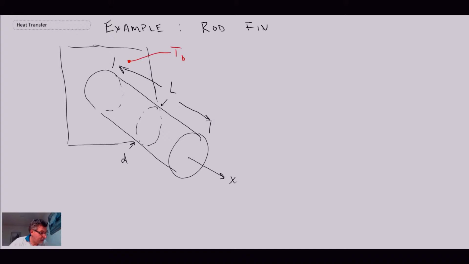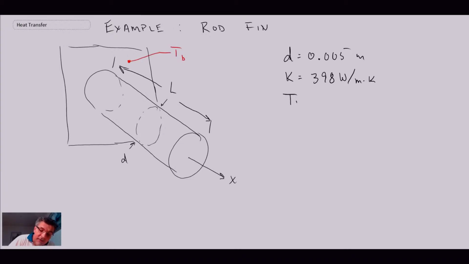And so for a particular example problem, what we're looking at is a rod fin. The diameter, we're told, is 0.005 meters. Thermal conductivity of the fin material, 398.